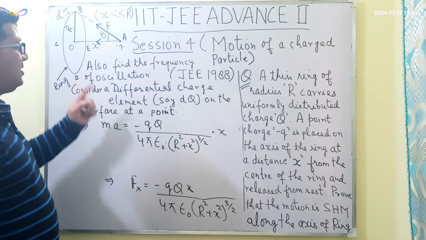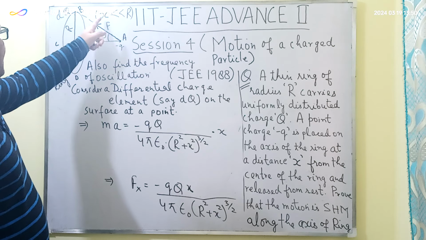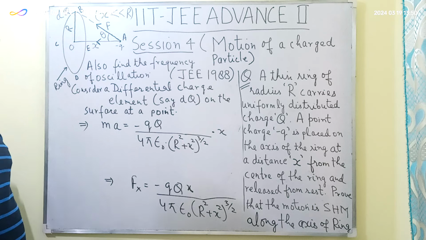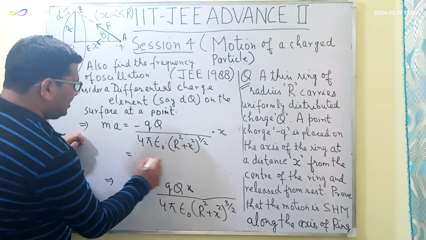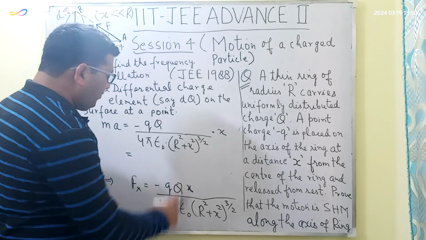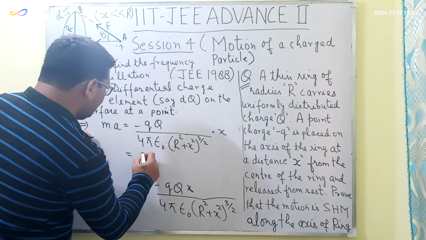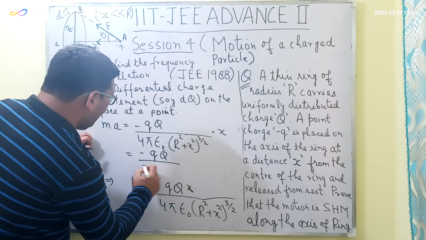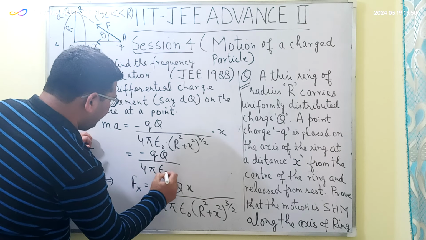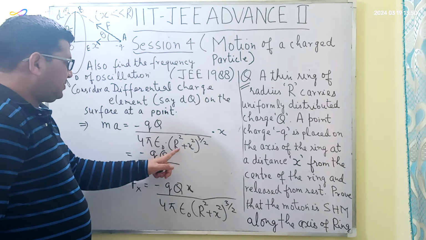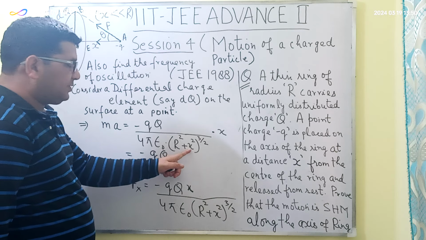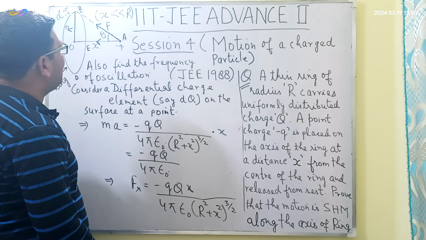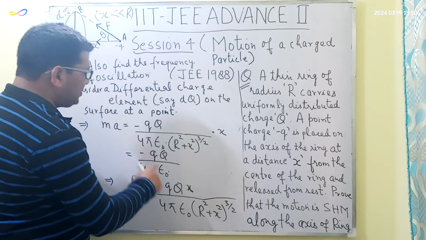Okay. Now here in this question it is given that x is very small in comparison to the radius of the ring. So if it is so, then this x can be neglected, or we can write x is equal to 0. So this equation will get converted into minus q divided by 4 pi epsilon naught r square, since we are taking x as 0 because x is very small in comparison to the radius of the ring.